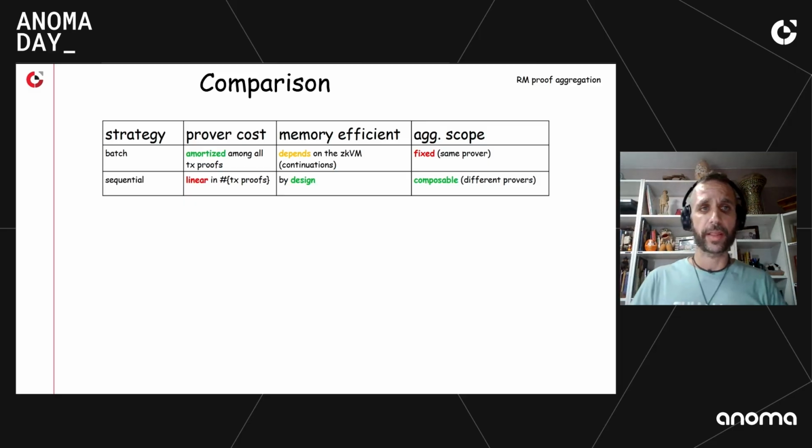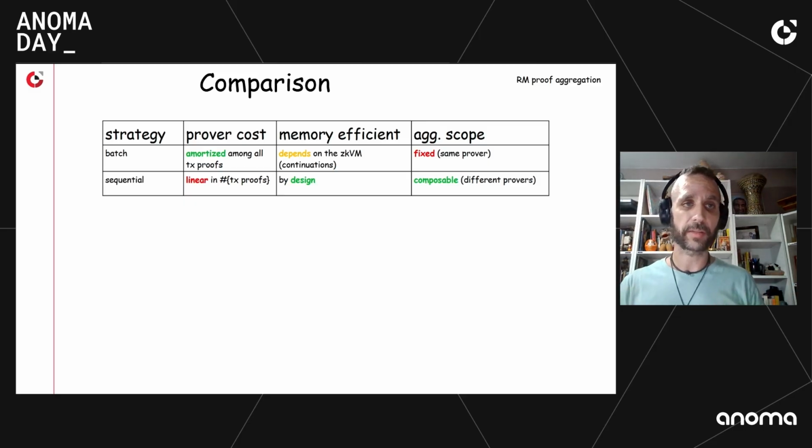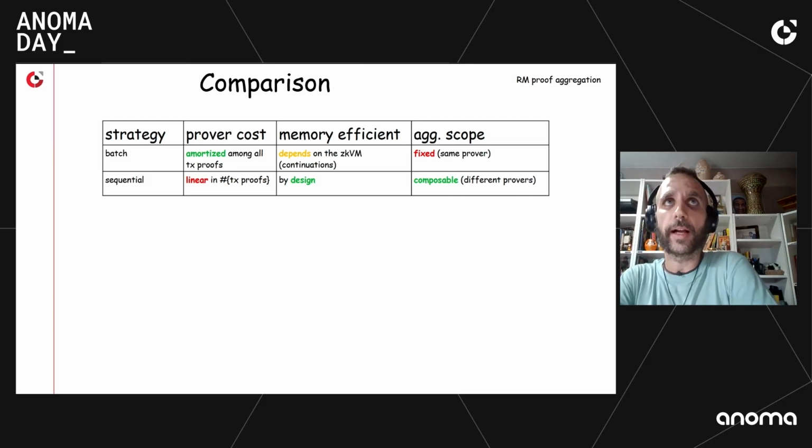And the other thing that I think is important to highlight as a difference between these two approaches is the aggregation scope. In the batch approach, the scope is fixed. We can't compose. For example, imagine that we have a transaction with 10 proofs.